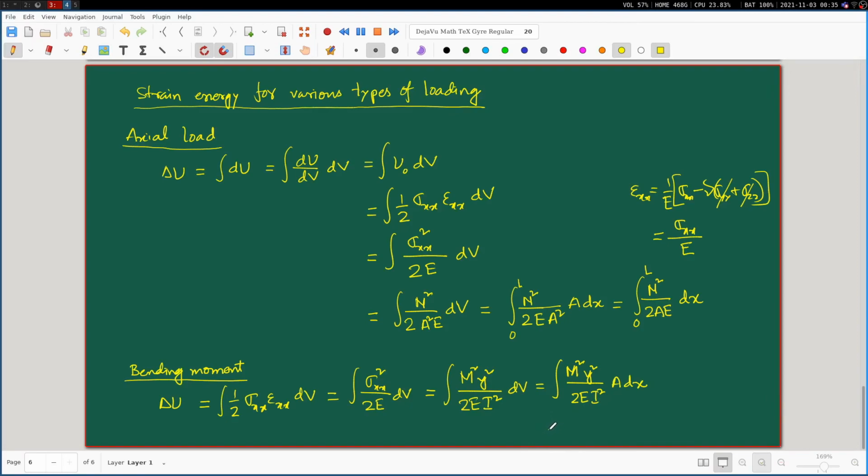Now you see this one integration that I have written is still over the entire volume. I think it's a better idea to transfer this entire thing to the next page, as I'm running out of space here.